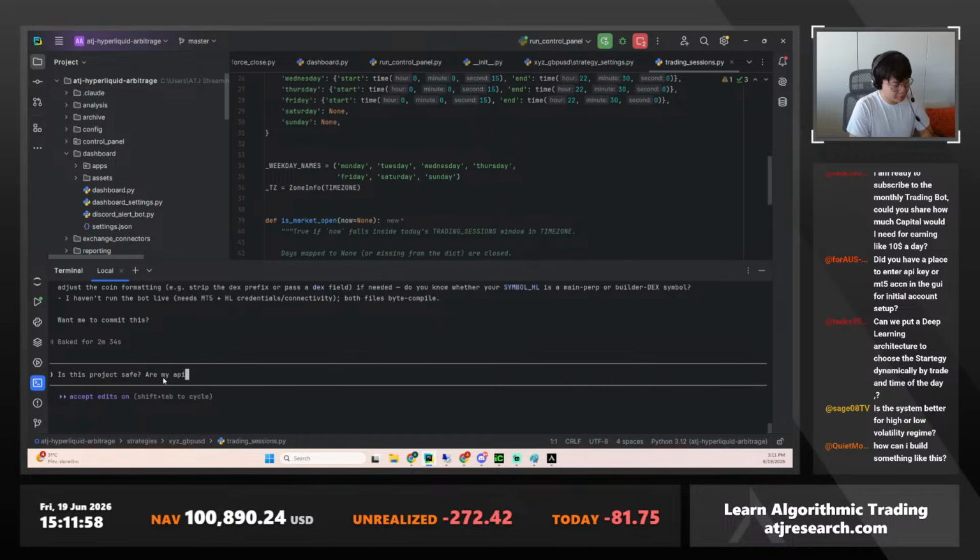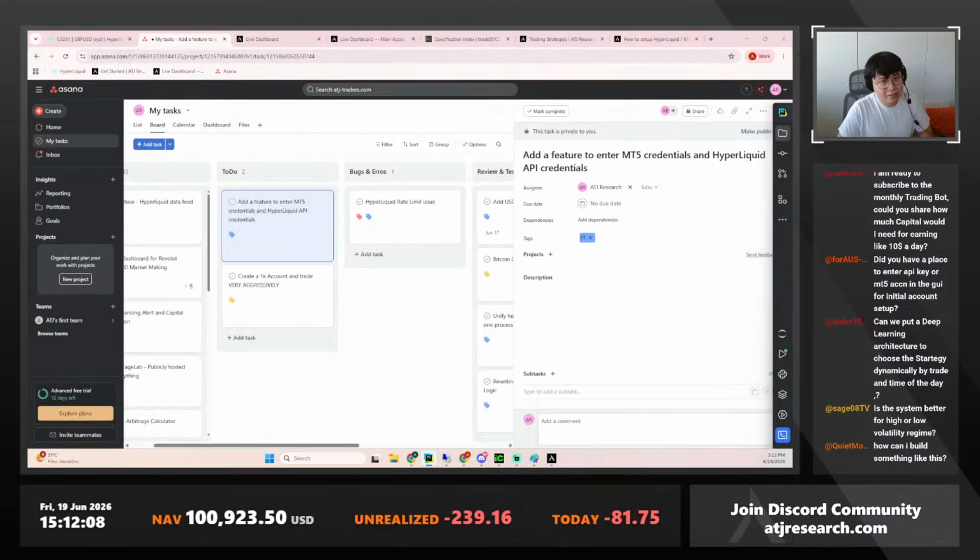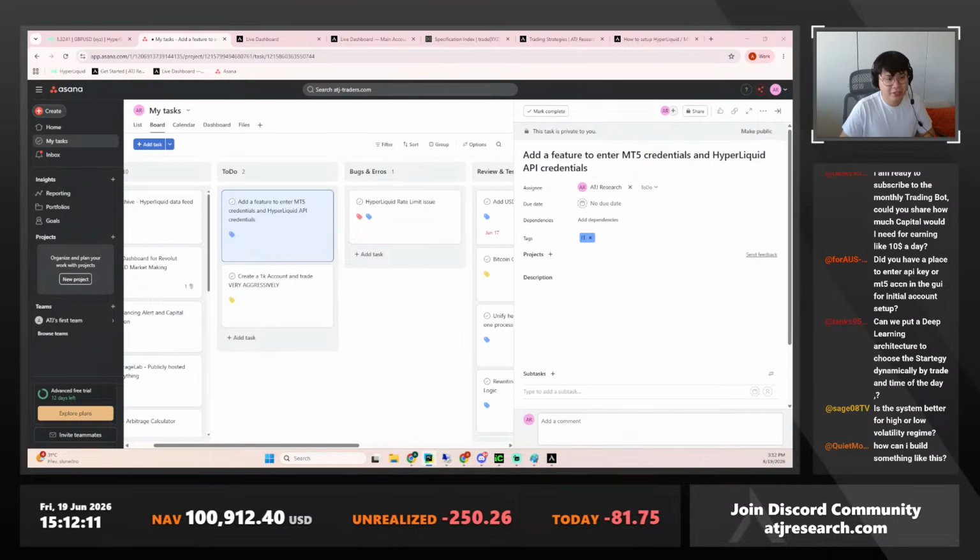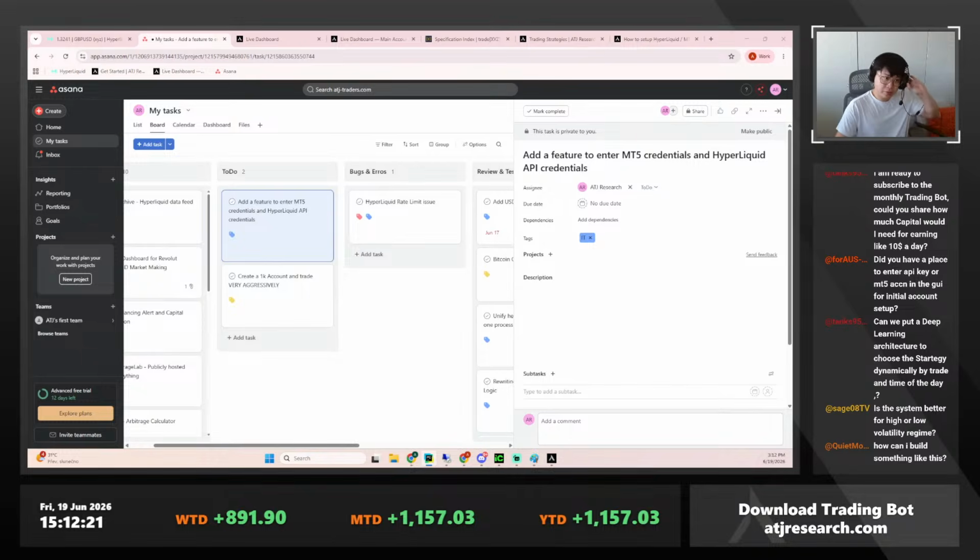Are my API keys going to get leaked if I run these apps? And just in case Claude accidentally prints out my API credentials, I'm trying to be very careful here, I'm going to run this prompt on the right side of my screen, and if the output is fine, then I'm going to share it with you.